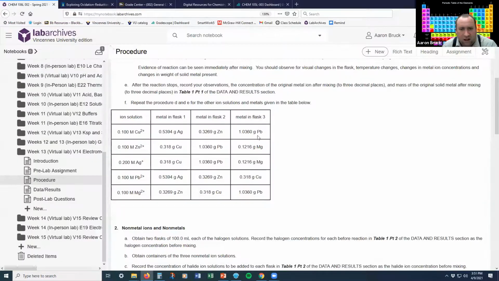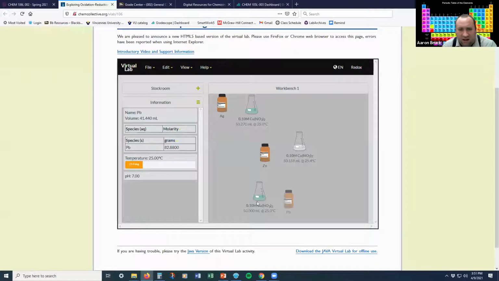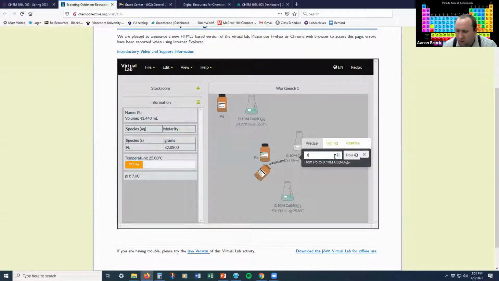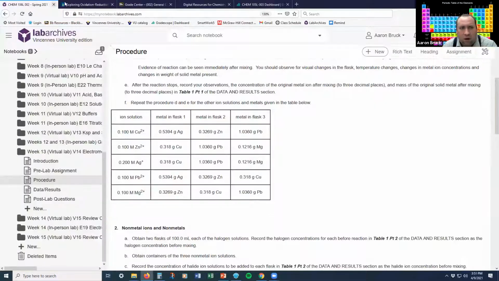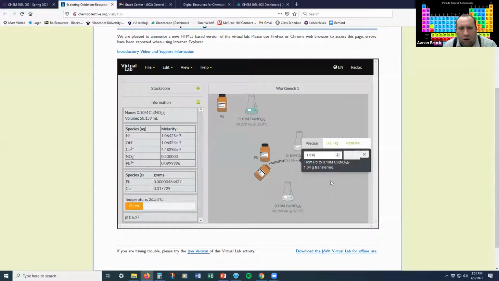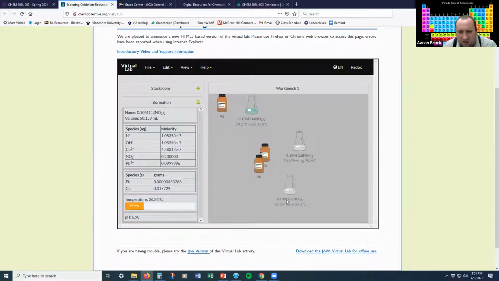And then finally, 1.036 grams of lead into this last one. And I see a similar kind of result. The copper concentration has definitely decreased.